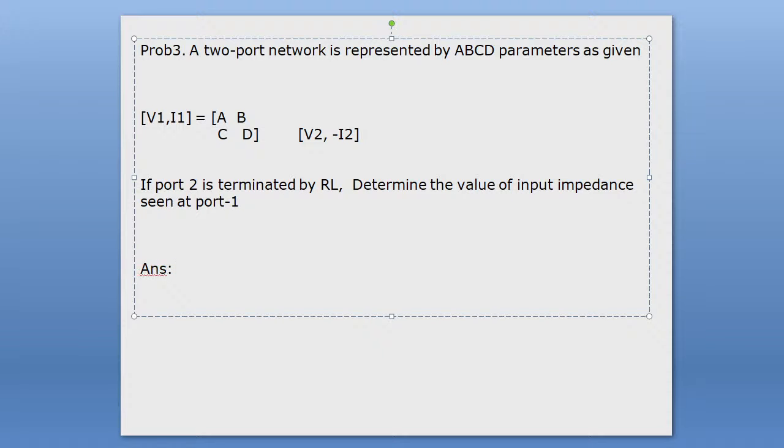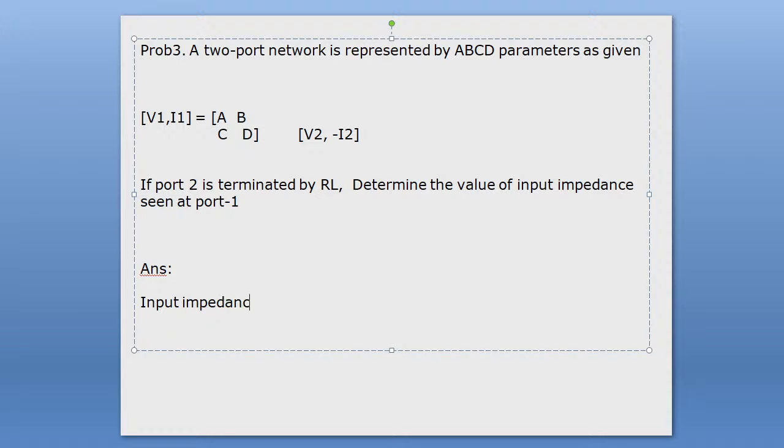Actually, the question is input impedance for port 1. That is nothing but Z11. And what is the expression of Z11? V1 by I1.